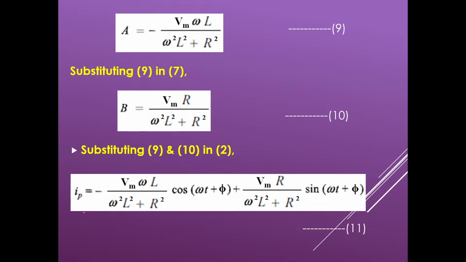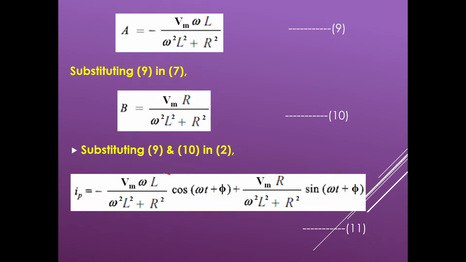Now if you see this equation number 11, it's a very lengthy expression, isn't it? It has many terms. IP equal to minus Vm omega L by omega square L square plus R square into cos omega t plus phi, plus Vm R by omega square L square plus R square sin omega t plus phi. So let us simplify it.